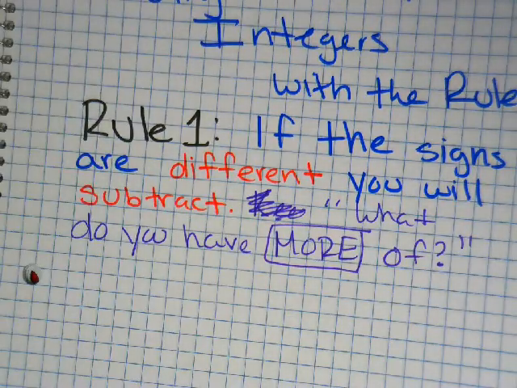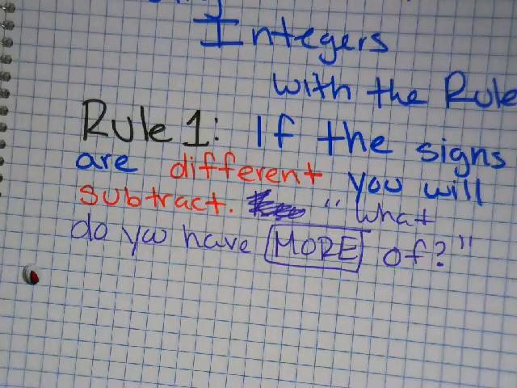Does anybody know what quotation marks are? In English, quotation marks? It's like you're saying it. Okay, what do you have more of? So, rule number 1. If the signs are different, you're going to subtract. And then you ask yourself, what do you have more of? Do you have more positives or more negatives? So instead of doing the little tiles and the number line, we can use the rule.